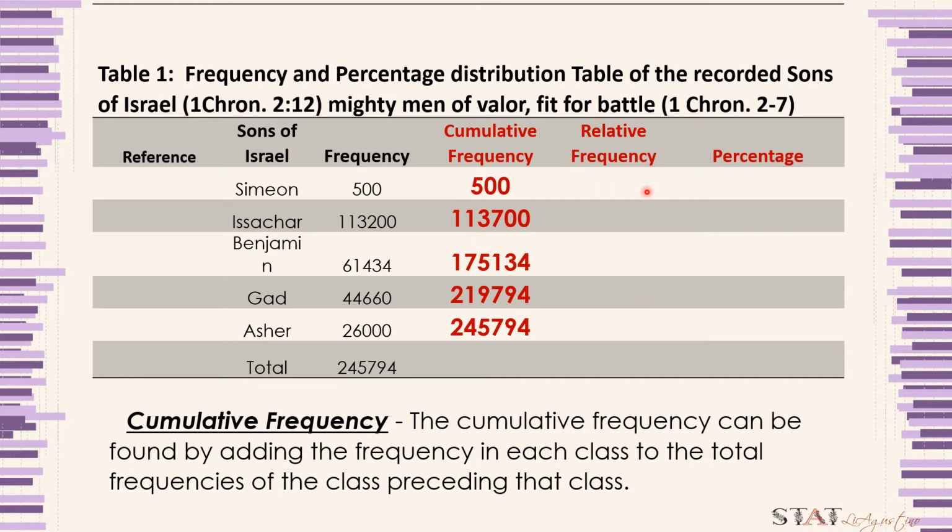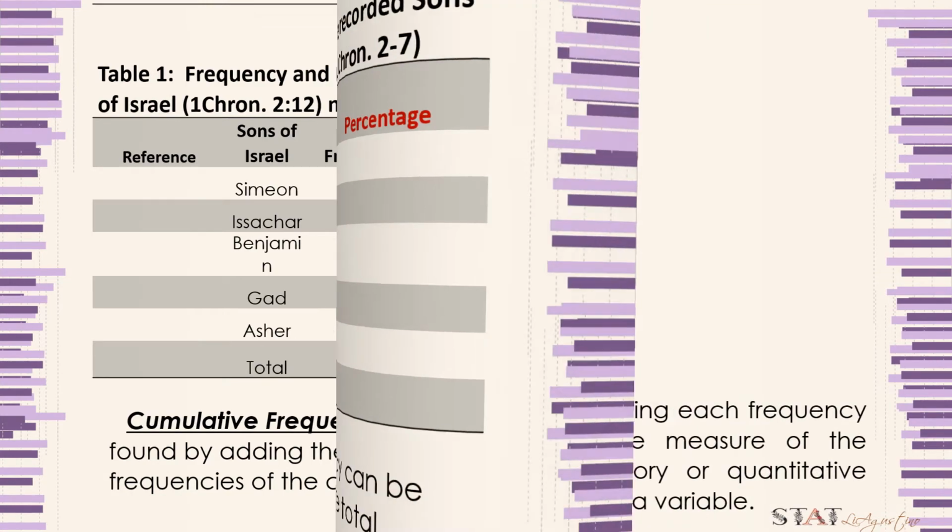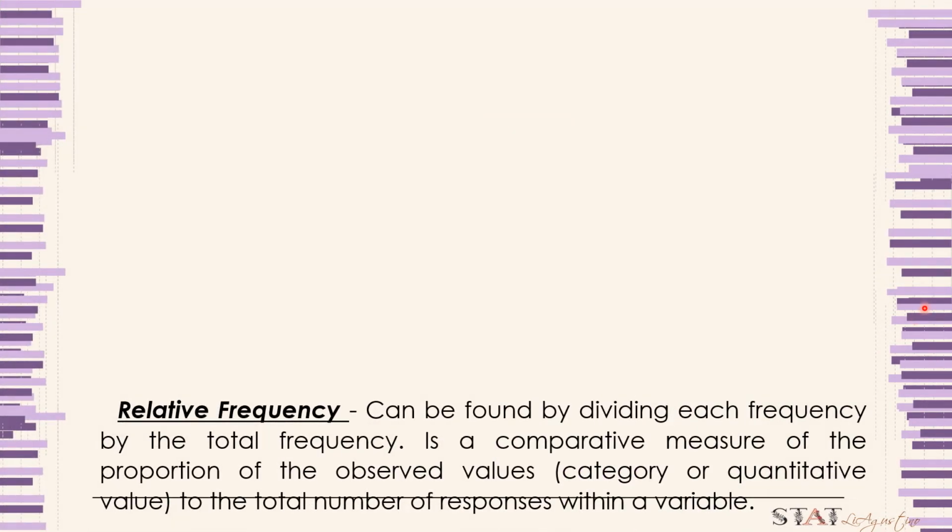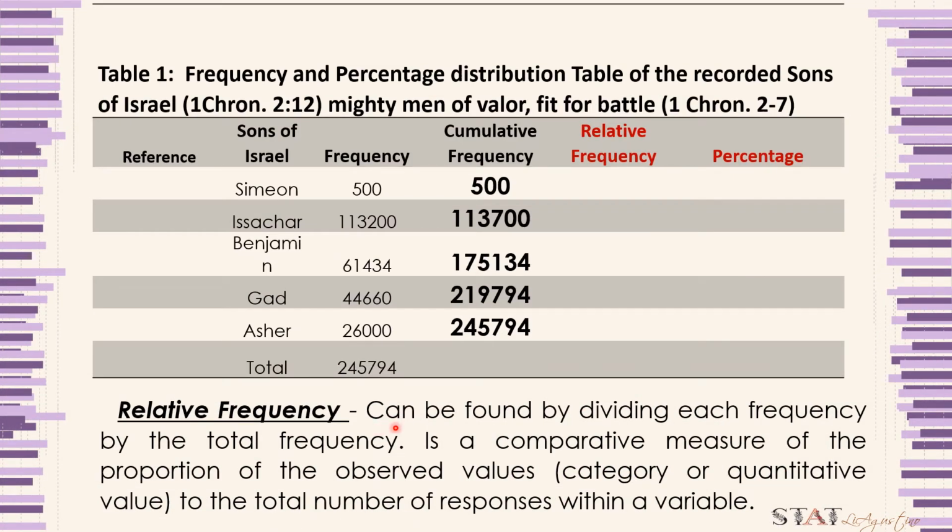Now let's proceed to how to calculate the relative frequency. Relative frequency can be found by dividing each frequency by the total frequency. It is a comparative measure of the proportion of the observed values, category, or quantitative value to the total number of responses within a variable.